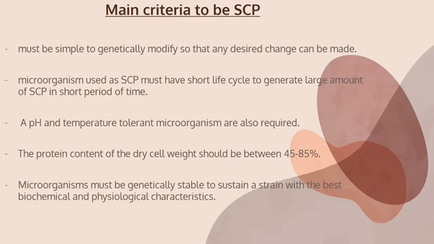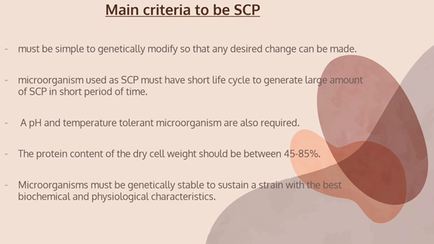What is the main criteria to be single-cell protein? It must be simple to be genetically modified so that any desired change can be made. Microorganisms used as single-cell protein must have a short life cycle to generate a large amount of single-cell protein in a short period of time. pH and temperature tolerant microorganisms are also required.